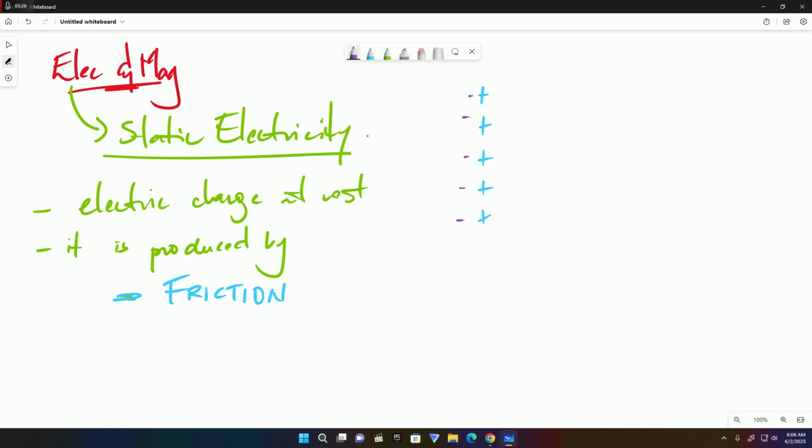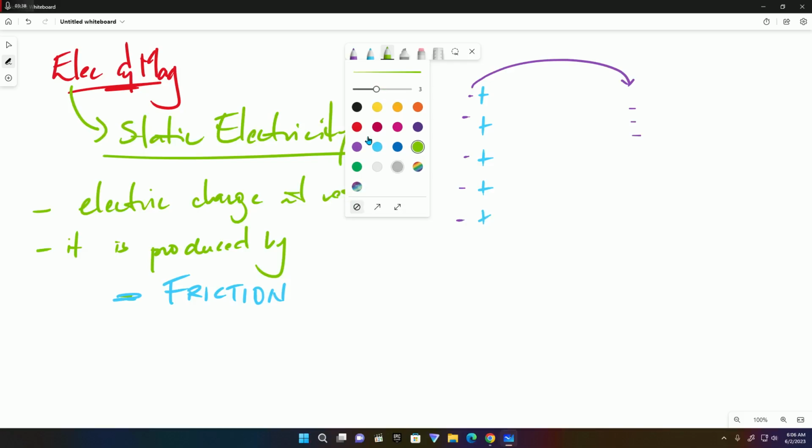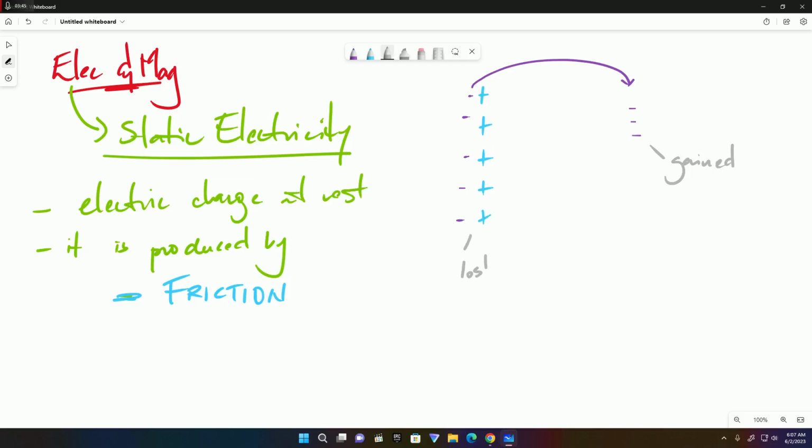And some of the negative charge goes over here. For whatever reason, I could say one of two things, right? I could say that here gained the negative charge, and I could say here lost it.